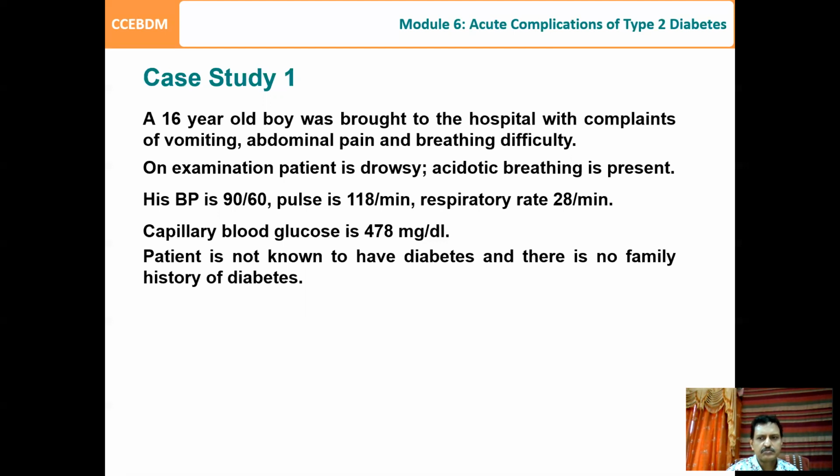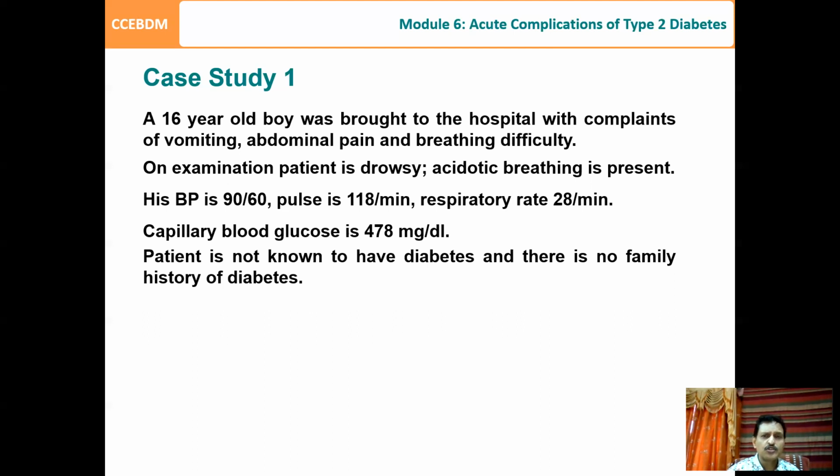A young boy or a young girl comes to the hospital with mainly abdominal issues, but the patient has some degree of drowsiness or neurological symptoms. And when the blood sugar was checked, it was found to be very high. So you have to suspect that something is wrong with the patient, because only hyperglycemia cannot cause neurological symptoms.